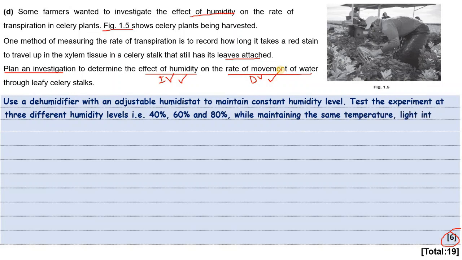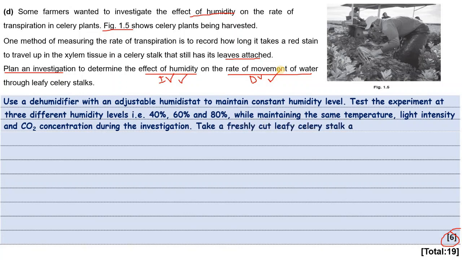Now this is absolutely up to you. You can take 3 different readings, 5 different readings, or 10 different readings, but you need to generally include at least a minimum of 3. Next, we can keep the light intensity, temperature and CO2 concentration constant during the investigation, and these will become our constant variables.